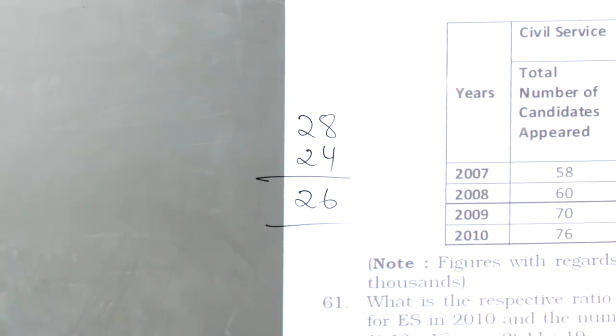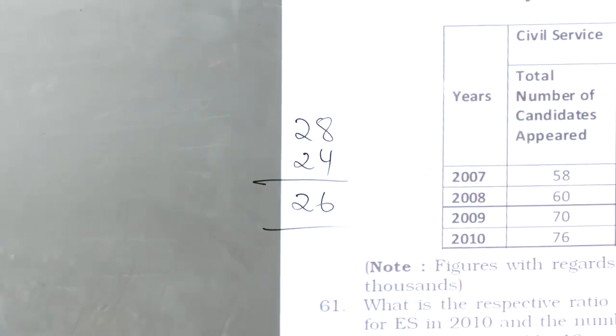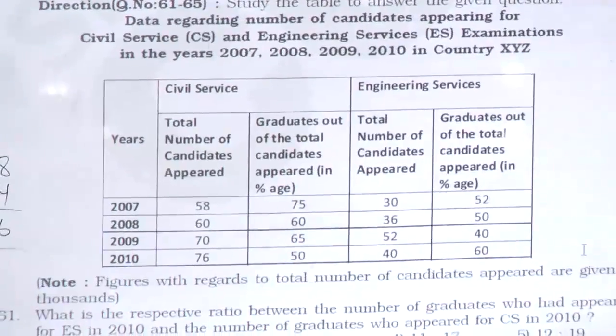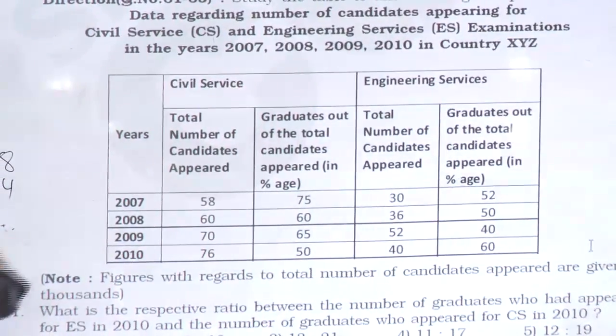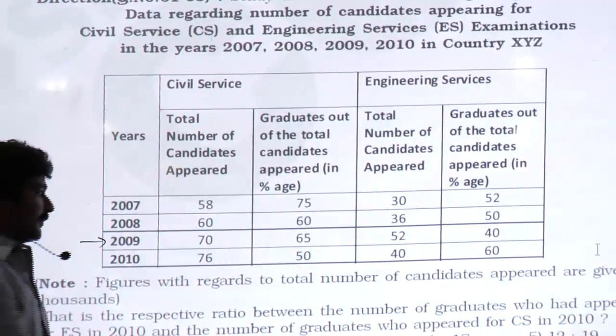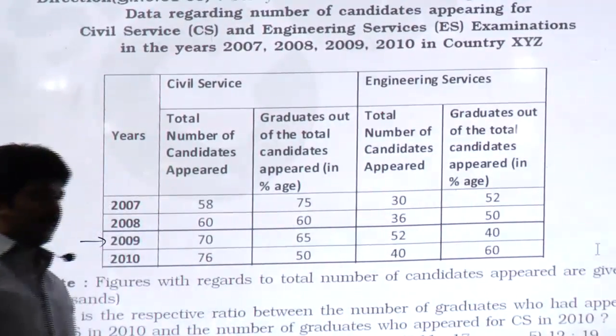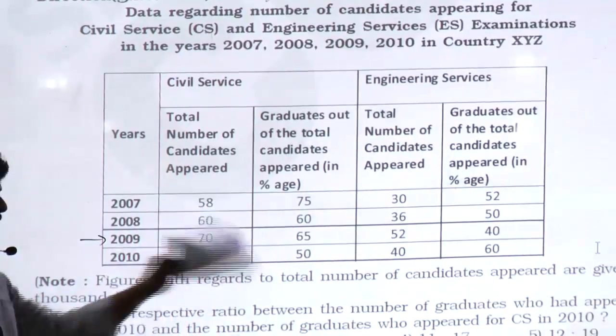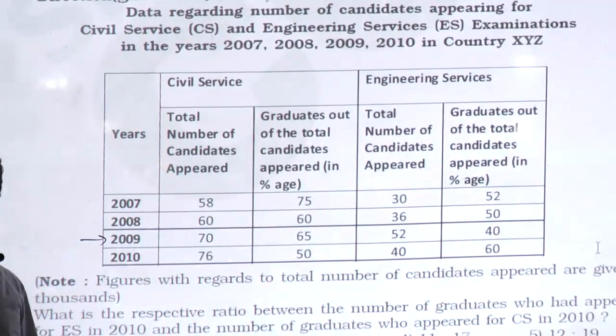Next 63. What is the total number of graduates who appeared for both CS and ES together in the year 2009? Graduates 65% of 70 or 70% of 65. One and the same.